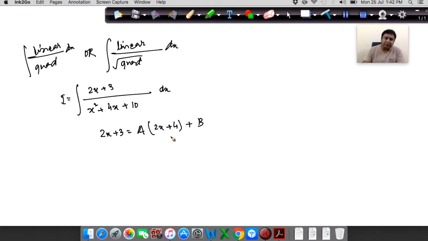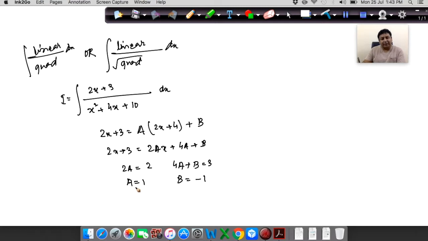So you open this up, you get 2x plus 3 is equal to 2ax plus 4a plus b. Now you compare, so comparing you get 2a, the coefficient of x, is equal to 2, so a is equal to 1. The other equation is 4a plus b should be equal to 3. So you put a as 1 here, you get b equals 3 minus 4, so minus 1.